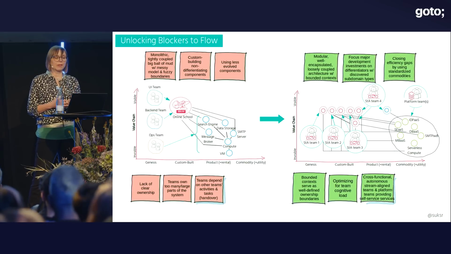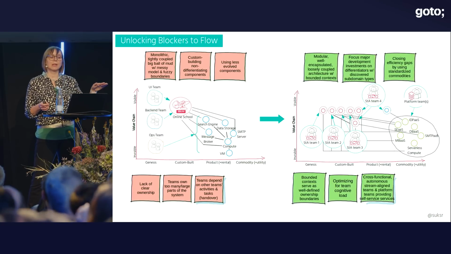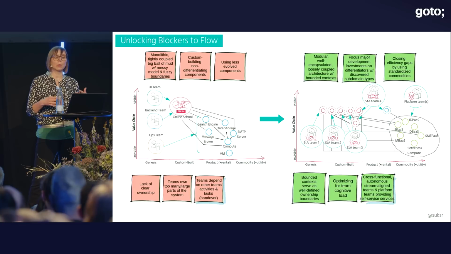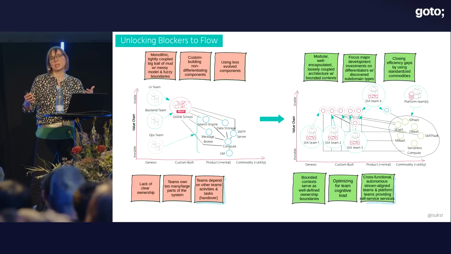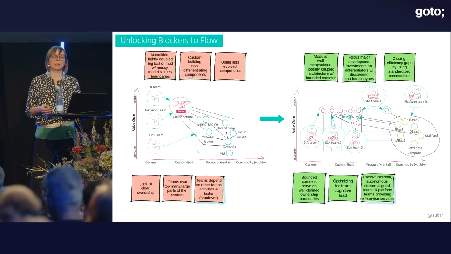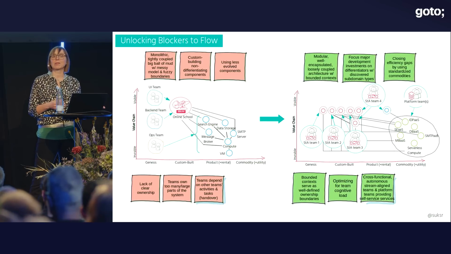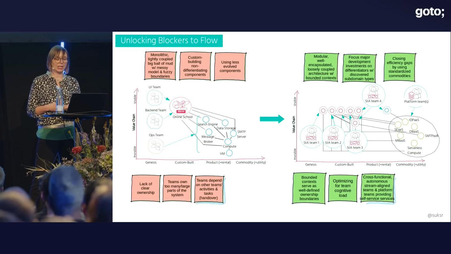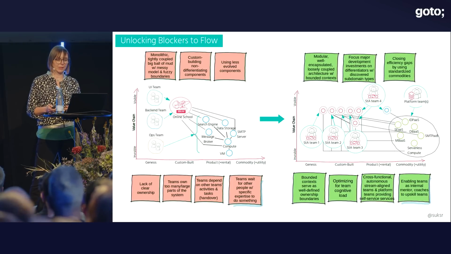And with cross-functional autonomous stream-aligned teams that now fully own the entire end-to-end flow of change, in addition, with platform teams providing self-service capabilities, we can then also mitigate the dependencies on other teams' tasks or activities to complete their own work, and can also reduce handovers, wait times, delays, communication and coordination efforts.